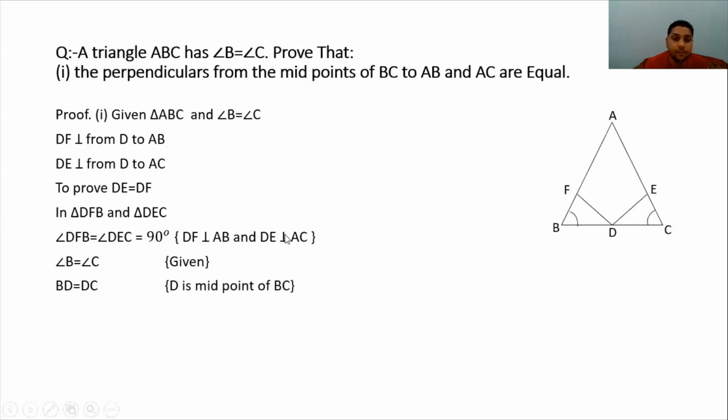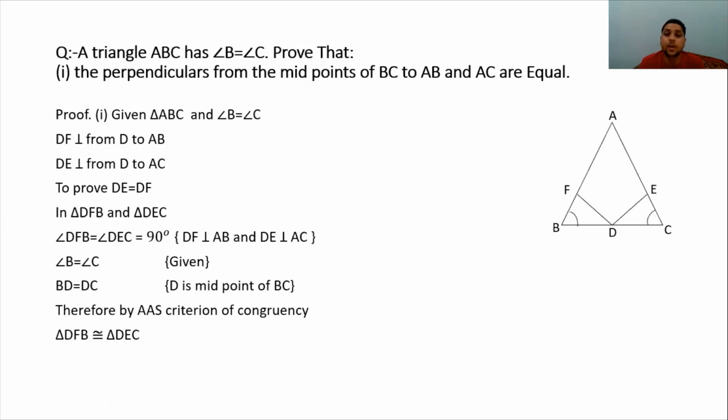So what we have: 90 degree as angle, then another angle, then a side. So we have angle, angle, side. By the angle side criteria of congruency, triangle DFB is congruent to triangle DEC.